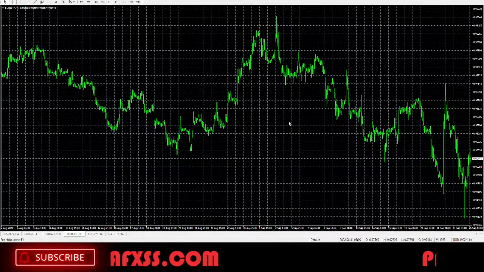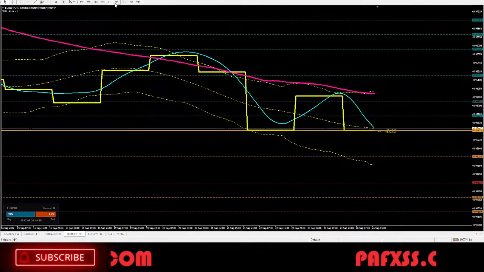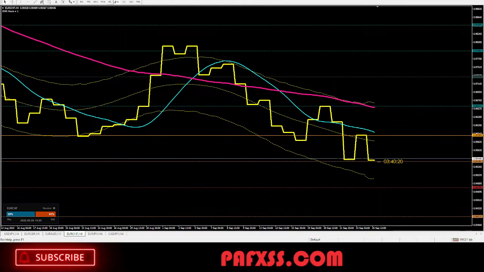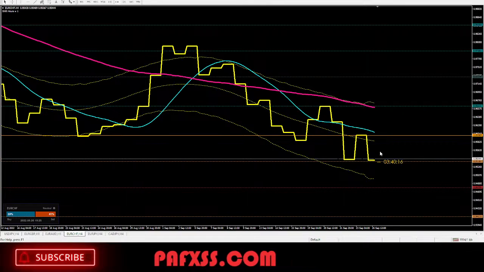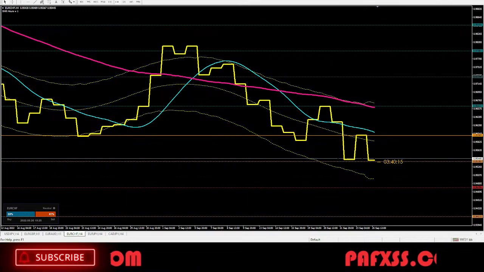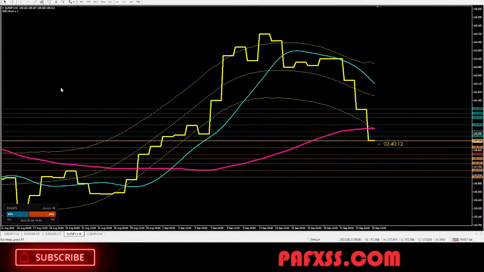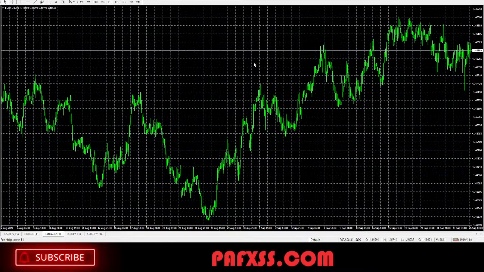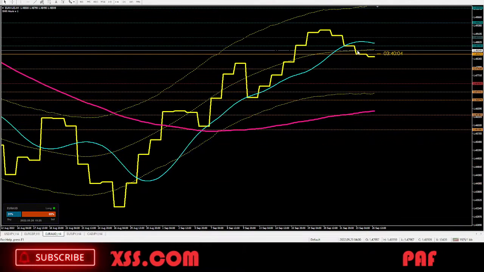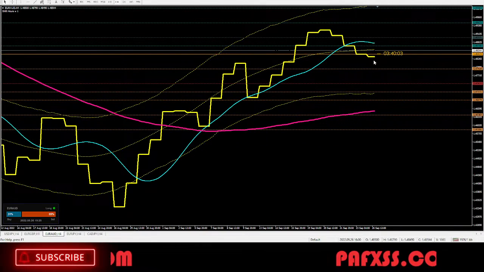This one is Euro CHF, reloading the indicator. Switch to 4 hour. This one is no good. This one is Euro AUD, loading the template. I think we're going to keep this one.